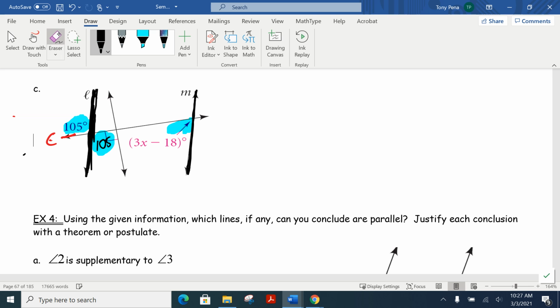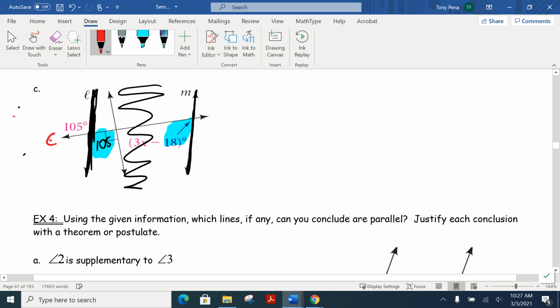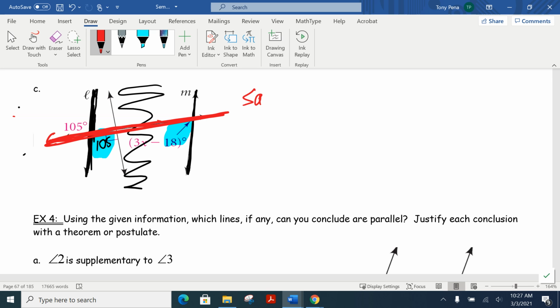And if I now focus on these guys, this angle and this angle, aren't these now both inside of the possible parallel lines and on the same side of the transversal? So these are same side interior angles. Same side interior angles are supplementary.